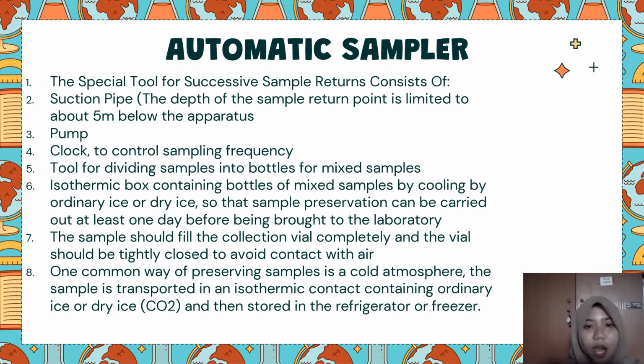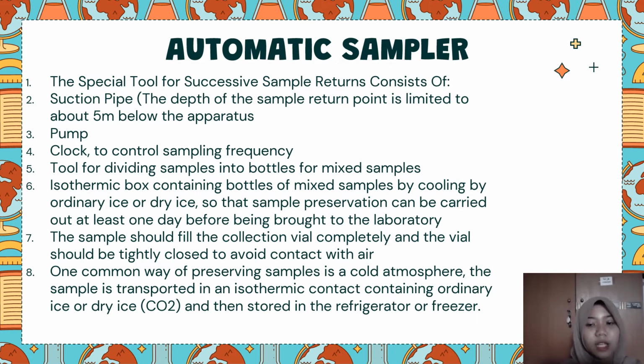And then, automatic sampler. The special tool for successive sample returns consists of: first, a suction pipe, the depth of the sample return point is limited to about 5 m below the apparatus. The second, pump.